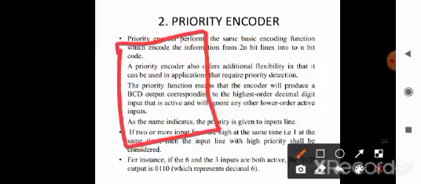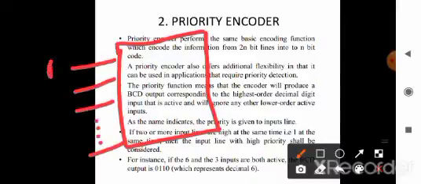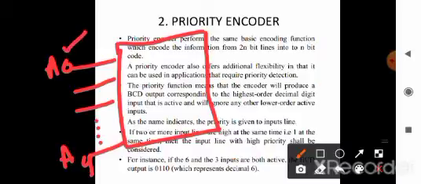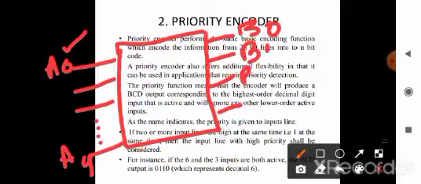If you have decimal inputs, say A0 to A9, and any one of the inputs is high, say A0 is high, then corresponding to that we get the binary output, B0, B1, B2 and B3.